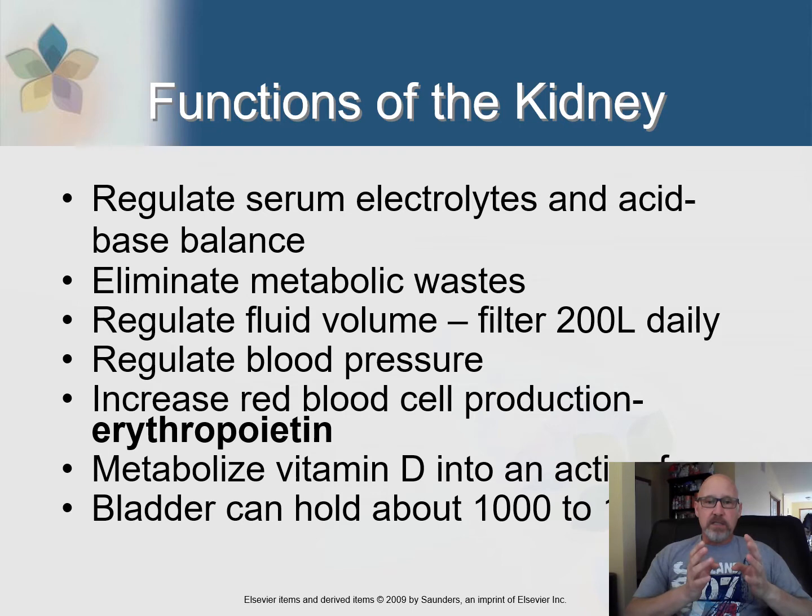Your kidneys metabolize vitamin D into its active form. If it wasn't for your kidneys, vitamin D wouldn't be working for you. So you could say that it regulates vitamin D, or helps produce vitamin D in its active form. These are the things that the kidneys do, all through regulating the amount of fluid.